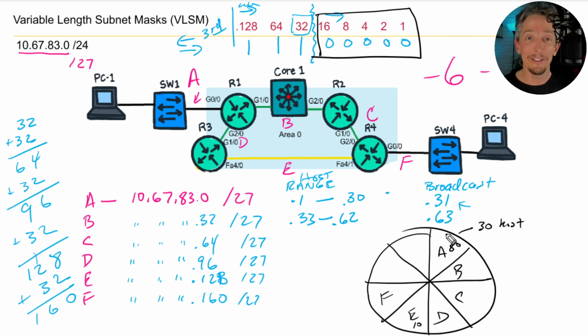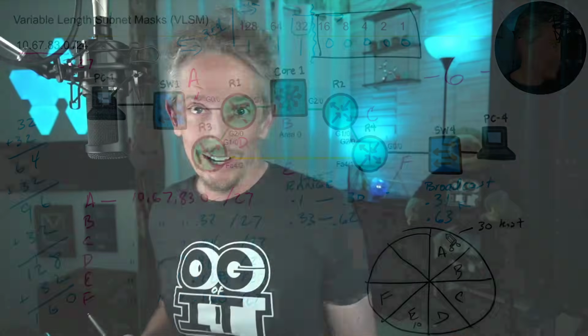So here's what we're going to do to solve the problem. We're going to do a slicing of the pie. Think of the whole network, 10.67.83.0, with a 24-bit mask as one large piece of pie, that address space. And we're going to carve it up, but instead of doing equal slices, we'll carve out some bigger subnets for the benefit of networks that need more hosts.